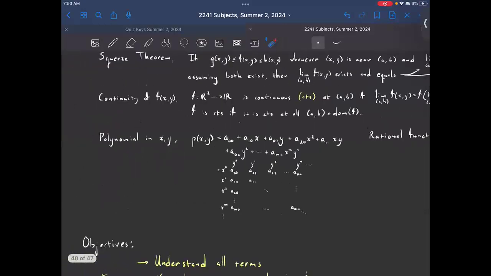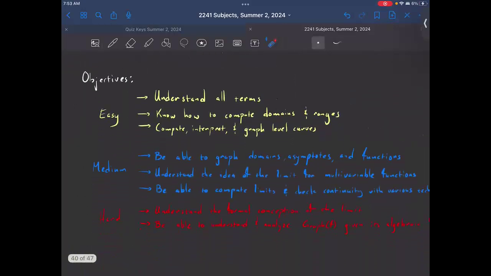And next up, we have our objectives to cover. First off, I want you to understand everything that's in this section. There's a lot going on, and it is important to know what all of the terms mean, to know what's being referred to in different problems. So make sure that you read through all of those and you're very familiar with all of the things that we just talked about, or at least the names of them. I want you to know how to compute domains and ranges.